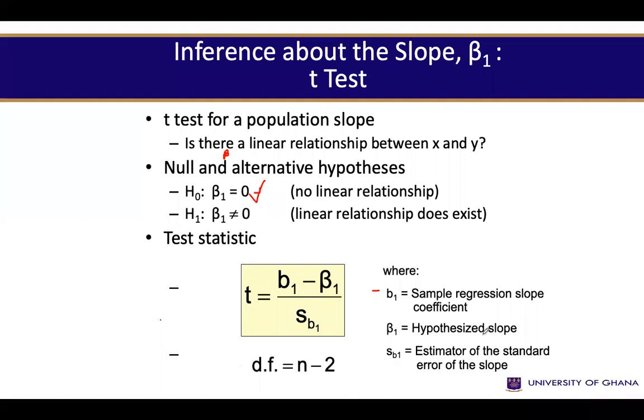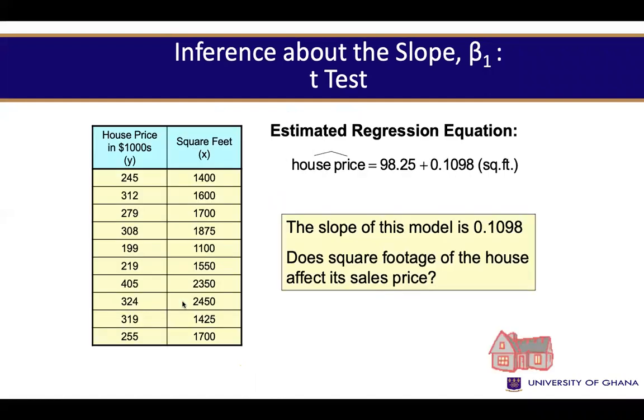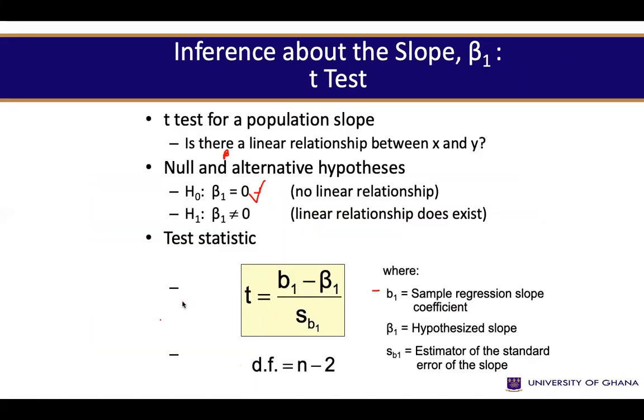Okay, so these are the things that we will be looking at, and these are the things that we'll be concerned with. So basically that is what we have: testing hypothesis for b1 and beta 1. This actually follows a t distribution with n minus 2 degrees of freedom.